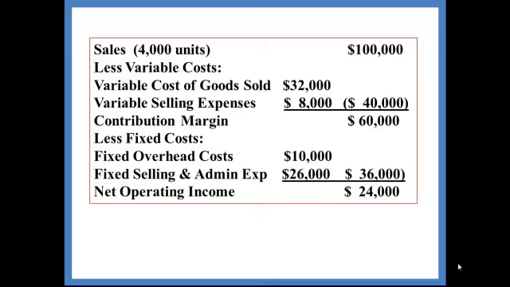So looking at this and knowing the definition of contribution margin is sales minus variable costs, you can see that definition play out. But notice also that that $60,000 is what remains after variable costs are covered, and it can go toward covering fixed cost and income.